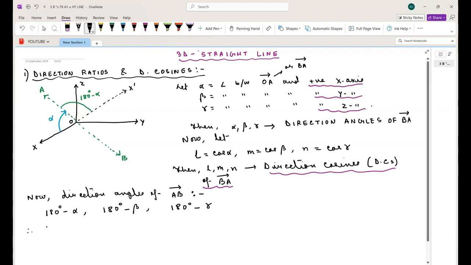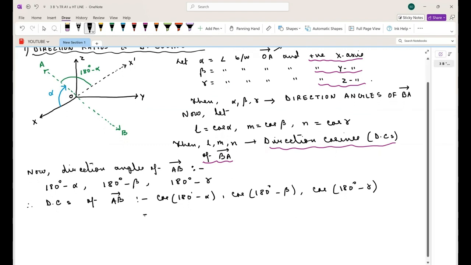Therefore, direction cosines of AB will be cos(180 minus alpha), cos(180 minus beta), cos(180 minus gamma).